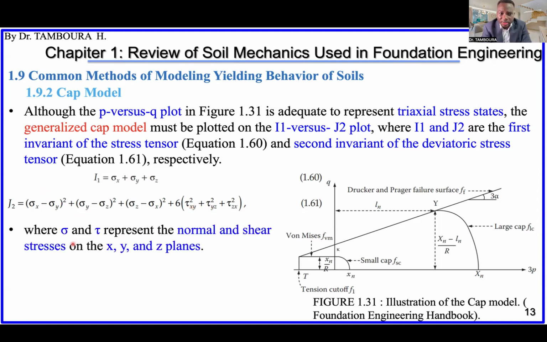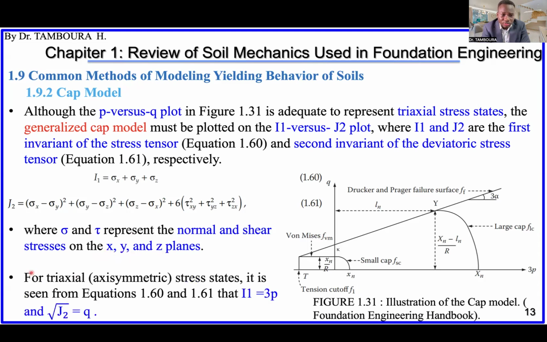So in this equation, as I said, sigma and tau represent normal and shear stress. Maybe you know that already, I hope. And on this plane, X, Y, and Z plane. For a triaxial axisymmetric stress state, we can say that I1 is 3 times P. Do you remember what P is?